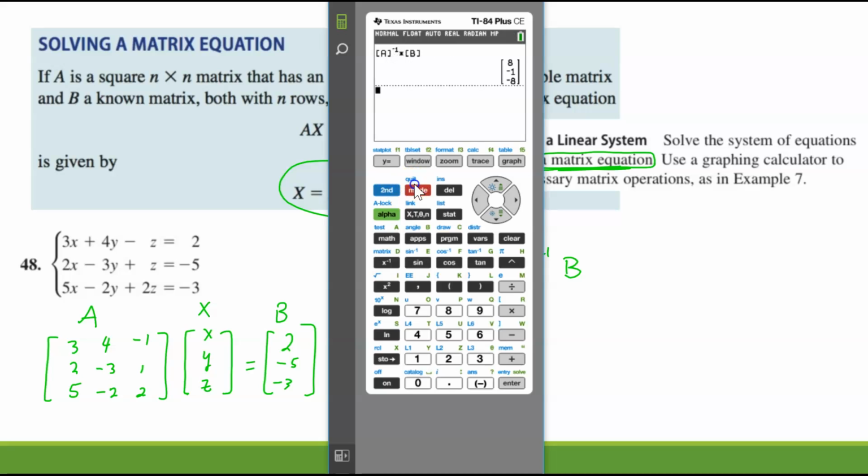Okay, so we have matrix A. We're going to double check that I put everything correctly into my matrix. Looks good. Matrix B. I'm going to check and make sure I put in the entries the way they should be. Looks okay.